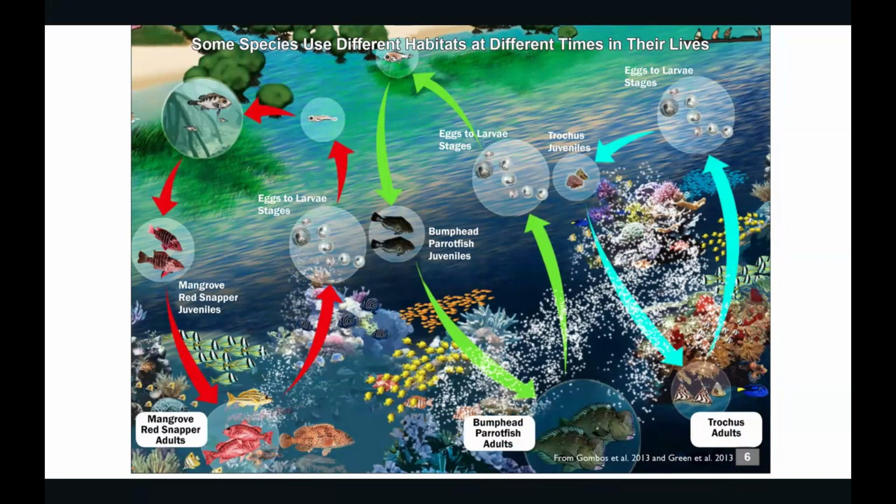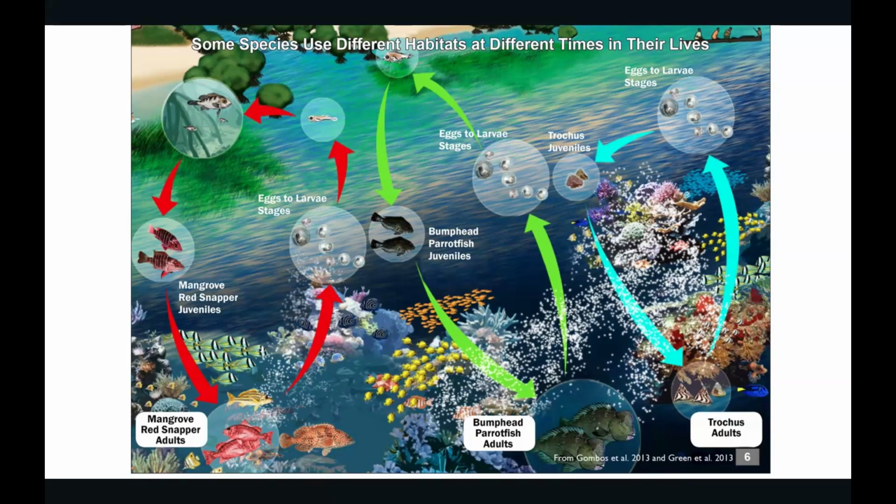So to improve populations, they need all of those habitats to be healthy, so that when they're in their life stage, they have that healthy habitat available. If one of those habitats is damaged or not available to them, it could impact all the species that use that habitat at some time in their life cycle.